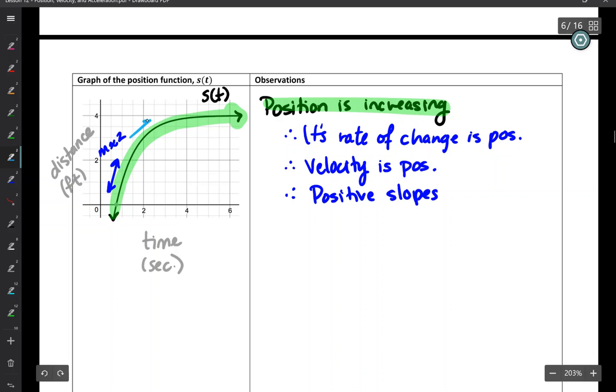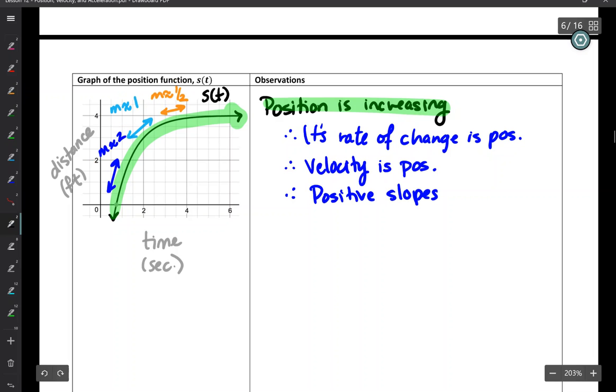Maybe here my slope is about 1. I'm going 1 foot per second, and I'm traveling up. And then maybe here, I don't know, a half. The velocities going from 2 to 1 to a half, over time, those are getting smaller.